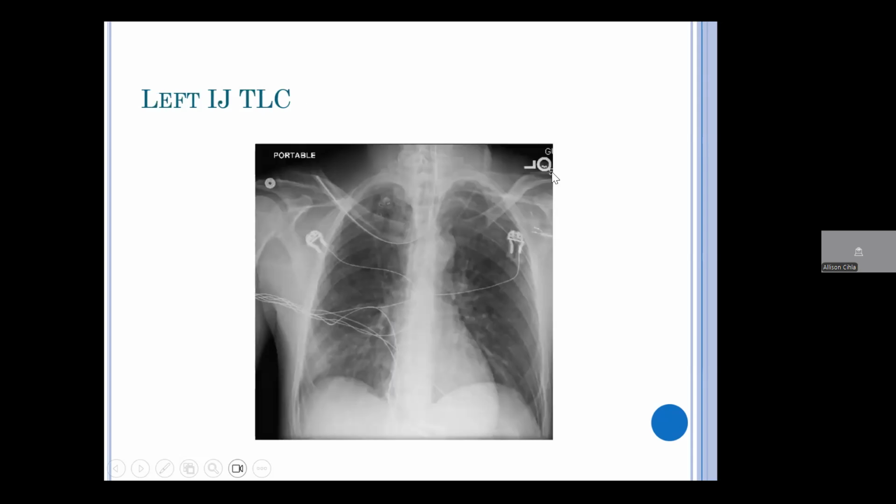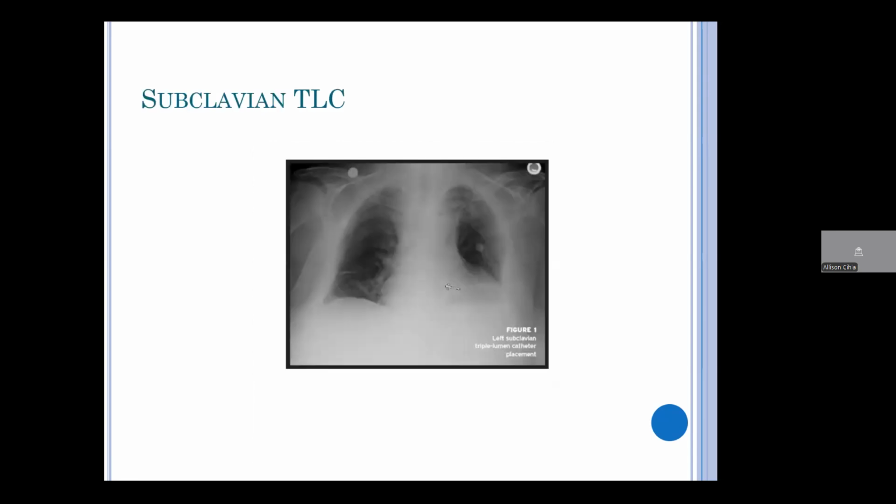This is a left IV catheter, which is over here and terminates in the same general area. We've got ET tubes. We've got EKG leads here. This is a subclavian line, which starts over here and terminates here at the arrow.